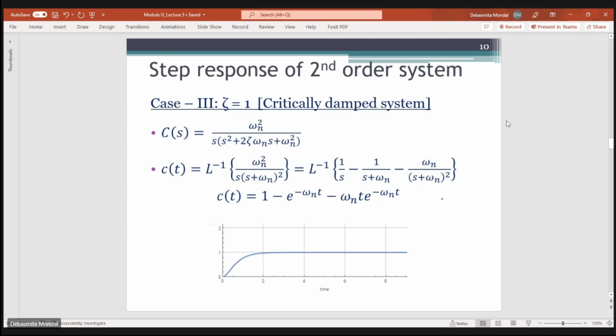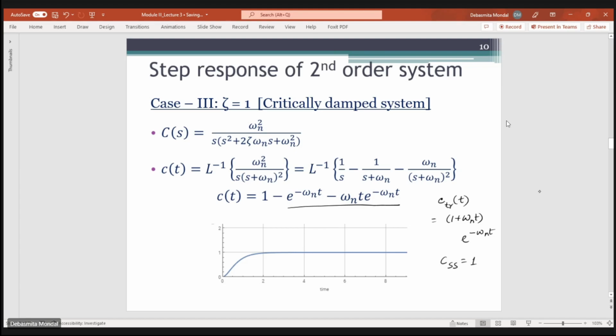The transient part of this response is equal to this part, which is 1 plus omega n t times e to the power minus omega n t. This is your transient part, and for the steady state part, these two terms will go to 0. So the steady state response will be equal to 1.